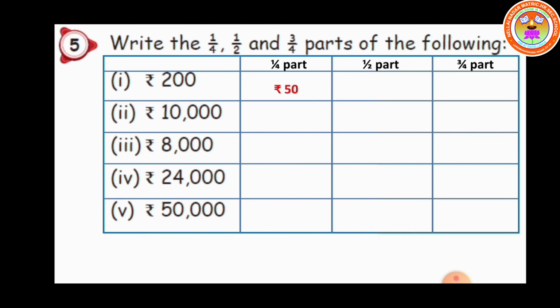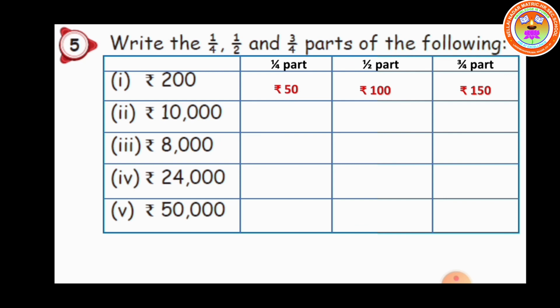So when we are dividing this 200 by 2, we will get rupees 100. 3 by 4 part we can find by adding this 1 by 4 part and 1 by 2 part. Therefore, 50 plus 100 is equal to 150.